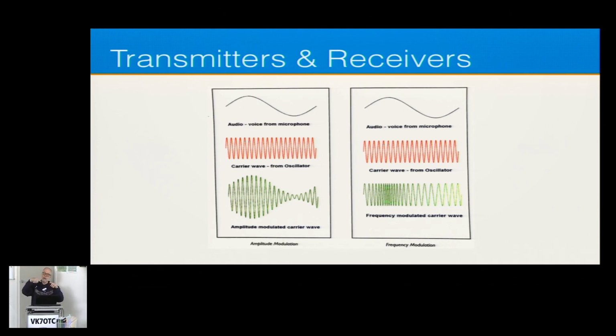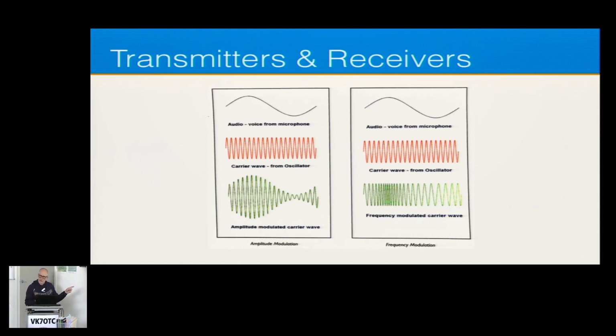If we put those two together, one modulates the other, and you end up with an amplitude modulated carrier wave. So the size of that wave is varying. As your voice goes up, the amplitude modulated wave goes up as well. As your voice comes down, it's getting smaller. AM broadcast stations, this is what we're talking about.